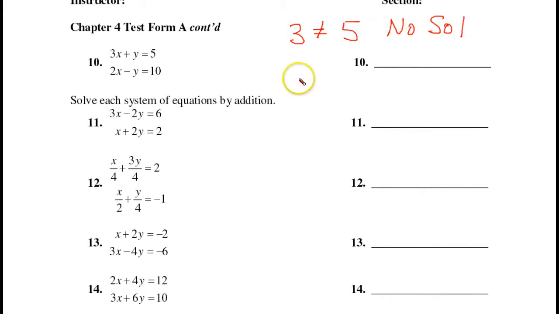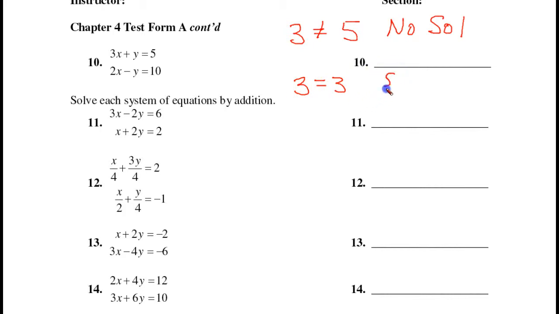There'll be other times when you end up with something like this, 3 equals 3. Now that is a true statement. So what is your solution there? Well, as we had mentioned, these lines are going to be the same lines, and you will have what we call an infinite number of solutions.